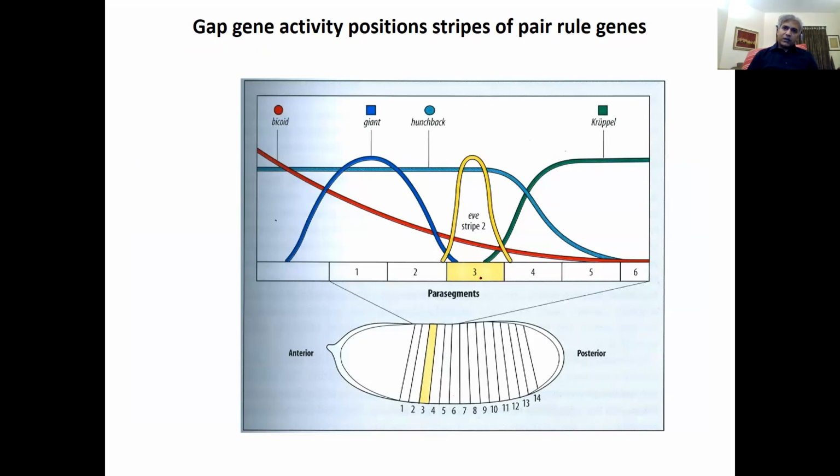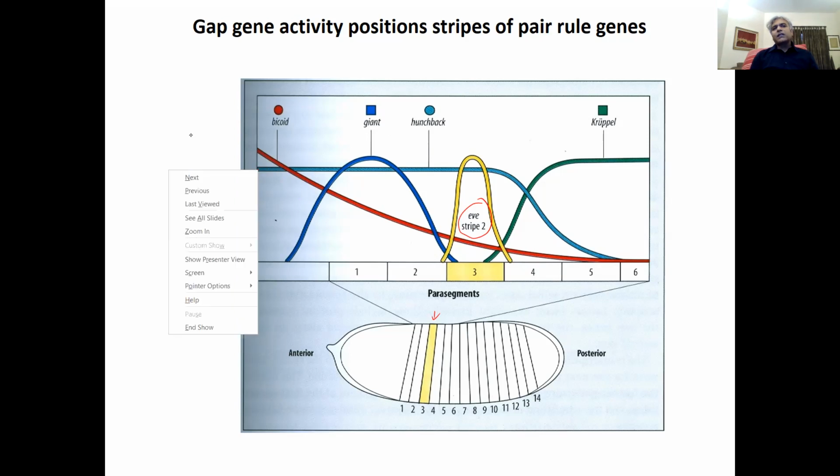This is about the second stripe of even skipped, which is in parasegment 3, here. What we have learned over decades is that it responds to the actions of its predecessors, the maternal effect genes and gap genes.